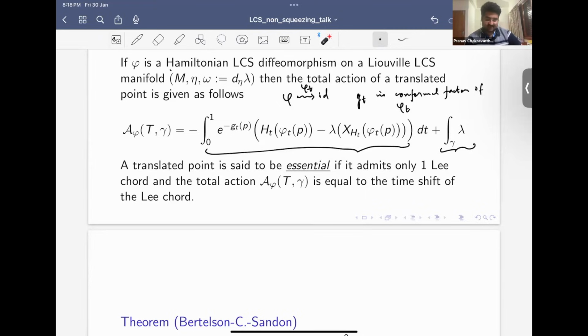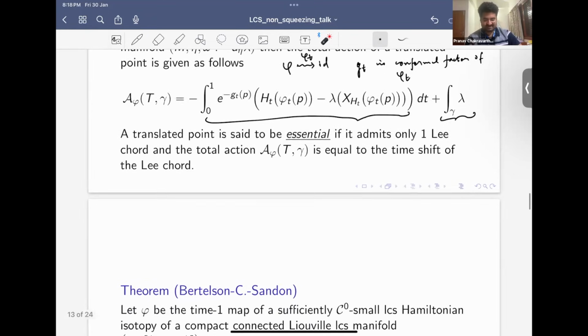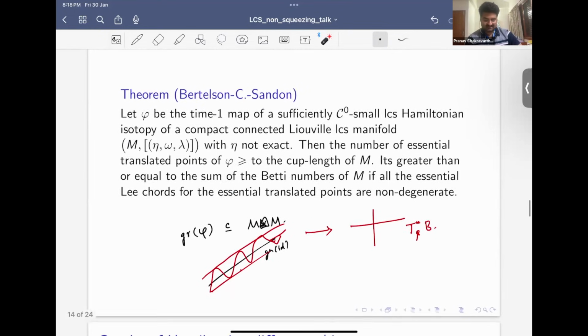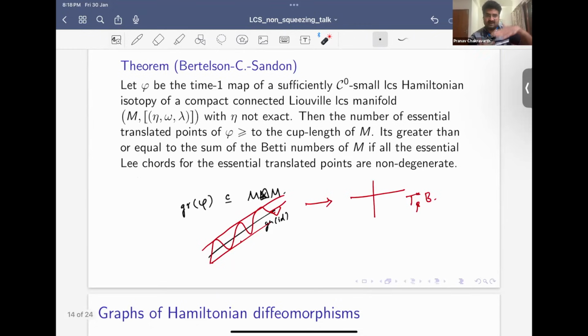A priori, we defined this notion of total action just to maintain symmetry between the symplectic and contact case, but it magically turned out to be extremely useful because it's the total action defined this way that's preserved, and each of the separate parts in fact do change. So the notion of essential Lie chords is preserved under this identification at the end of the day, and therefore you get this result for free.